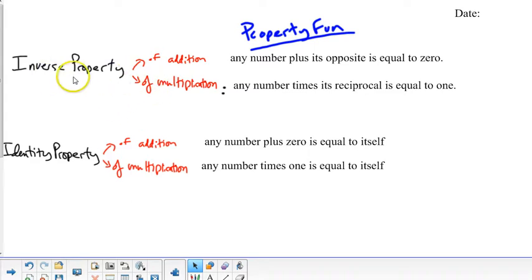The inverse property of addition says any number plus its opposite is equal to 0. So for addition, the inverse is a number and its opposite, for example, 3 and negative 3. If you had 3 and negative 3, that would equal 0.